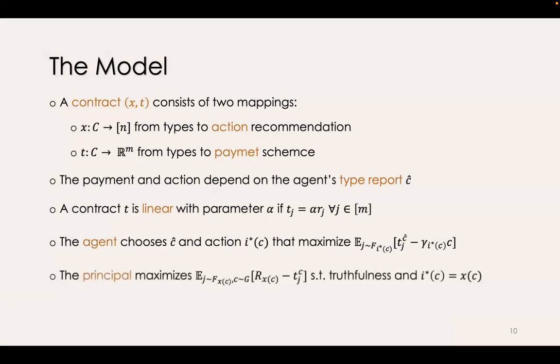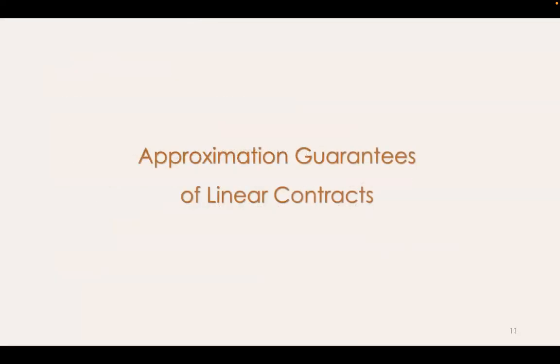And the principal designs a contract that maximizes the expected reward minus payment to the agent, subject to the constraint that the agent is being truthful and following the recommended action. And the welfare of the contract is the sum of both parties' utilities, so it is the expected reward minus cost.